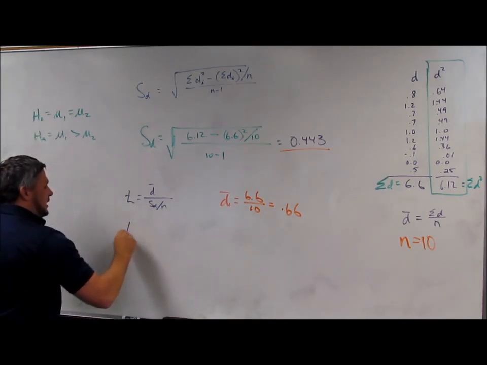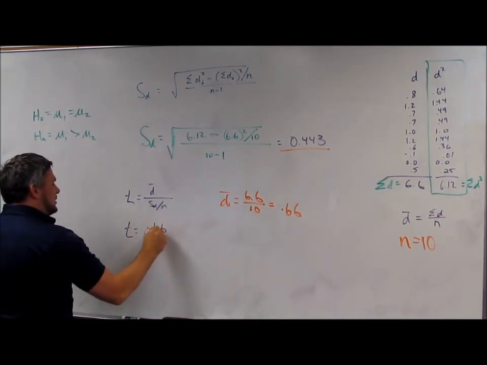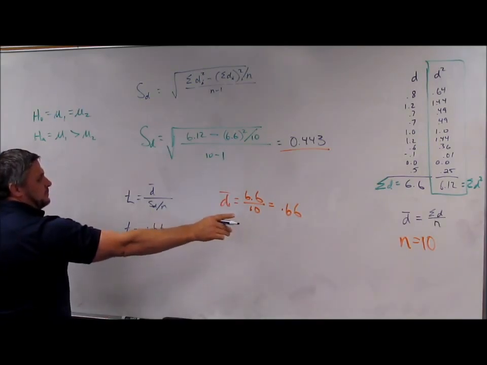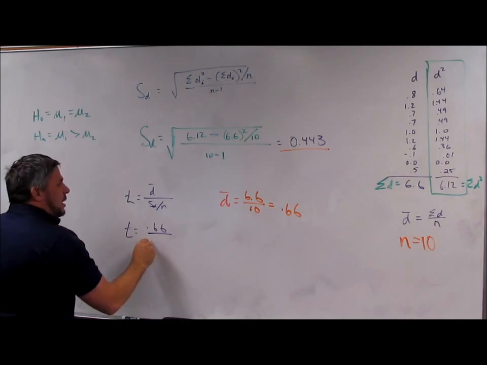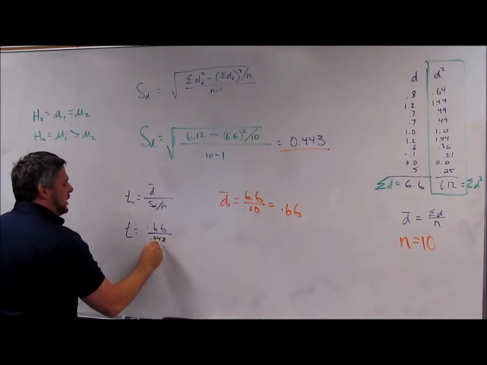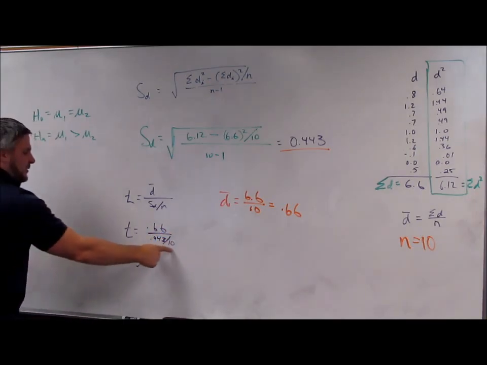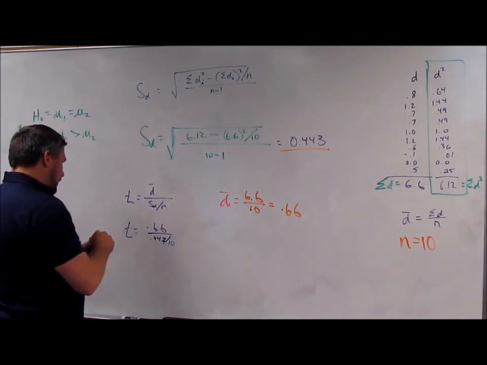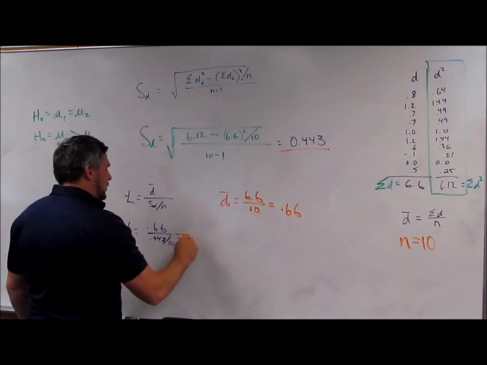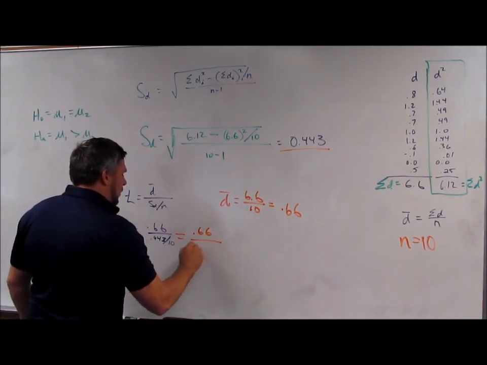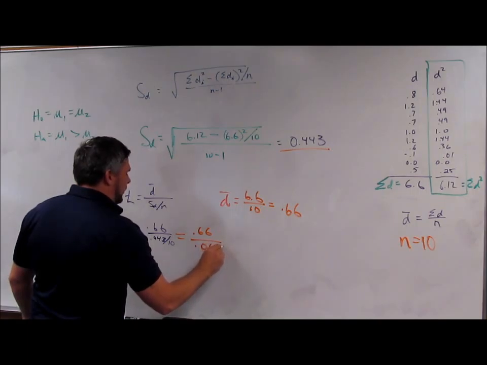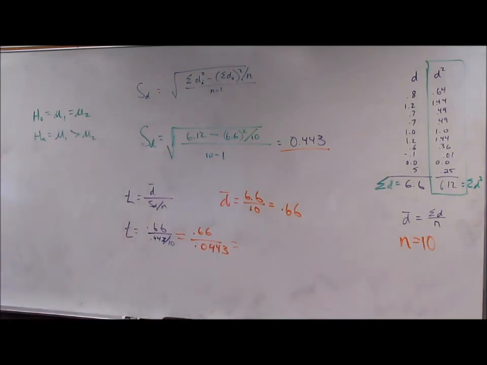So t is equal to 0.66 divided by the standard deviation, 0.443, divided by 10. Oh, my bad.